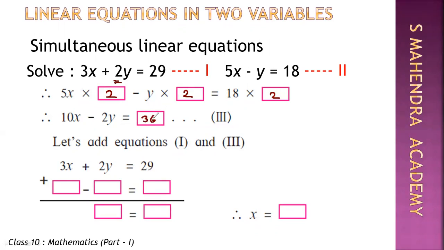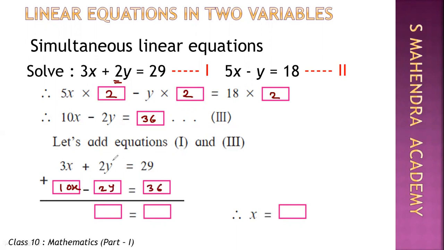So here we have to add equation number 1 and equation number 2. The equation number 1 is 3x plus 2y is equal to 29, and equation number 3 is 10x minus 2y is equal to 36.